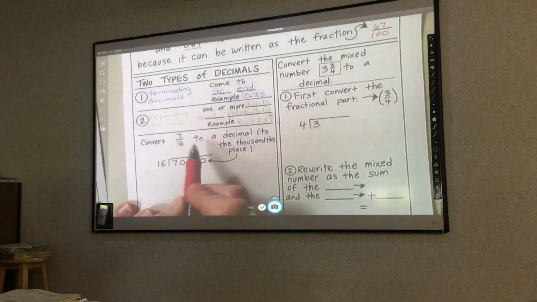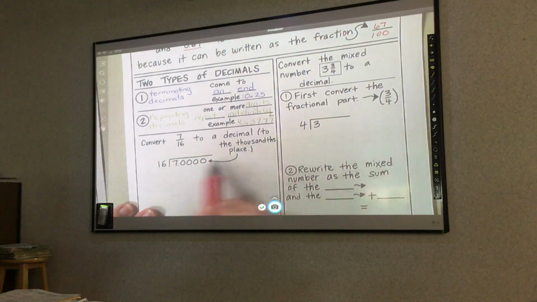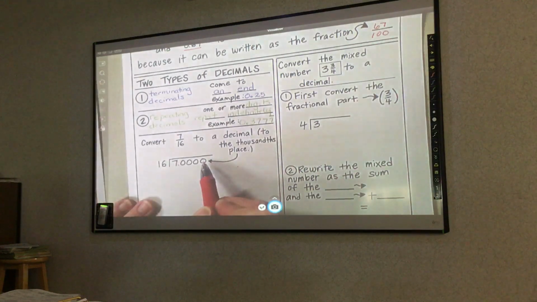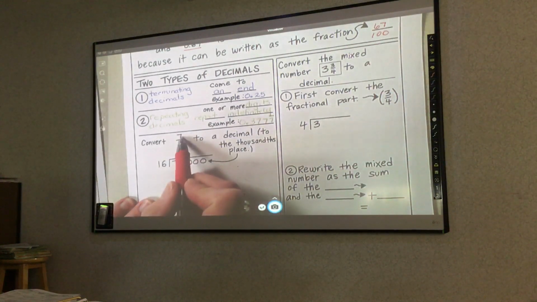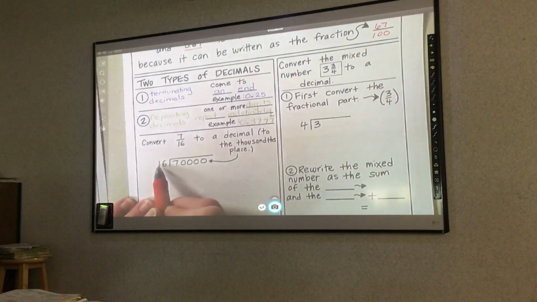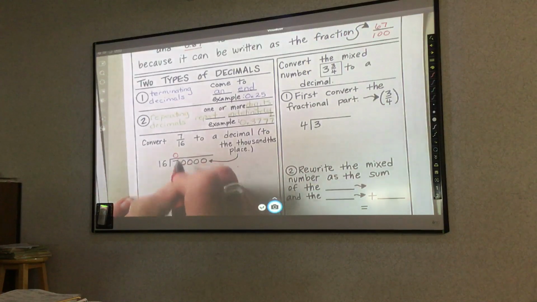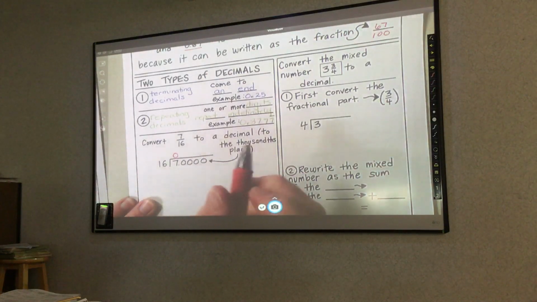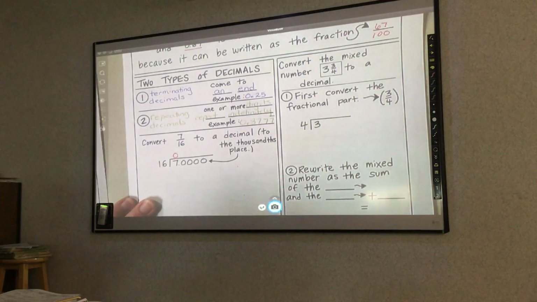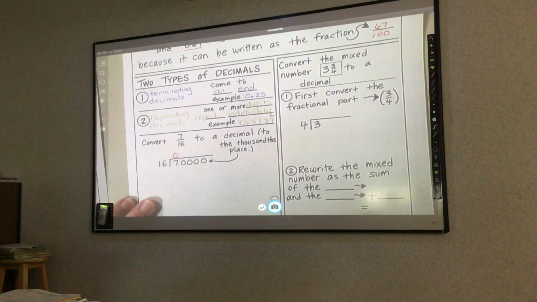Convert 7/16 to a decimal to the thousandths place. So it's telling us all the way that we need to get to. So in order to convert 7/16, you just take 7 divided by 16. 16 cannot go into 7, but it can go into 70 about how many times? Okay, someone's saying 5 or 4, so we really kind of don't know exactly, right? It's kind of an in-between.